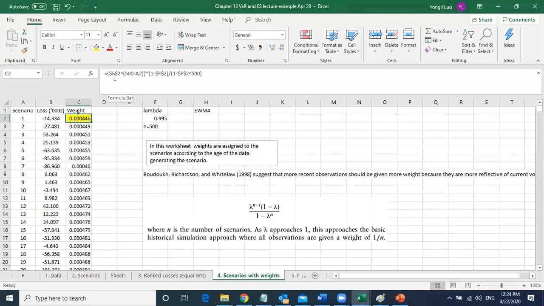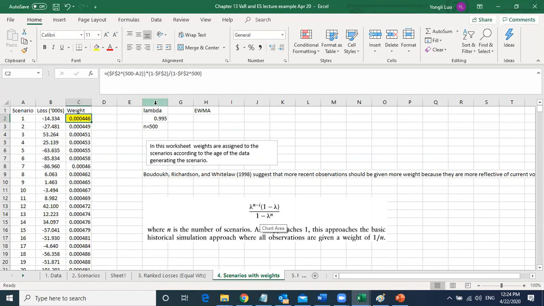It's not n minus 1, it's n minus i, where i is 1 for the first observation.